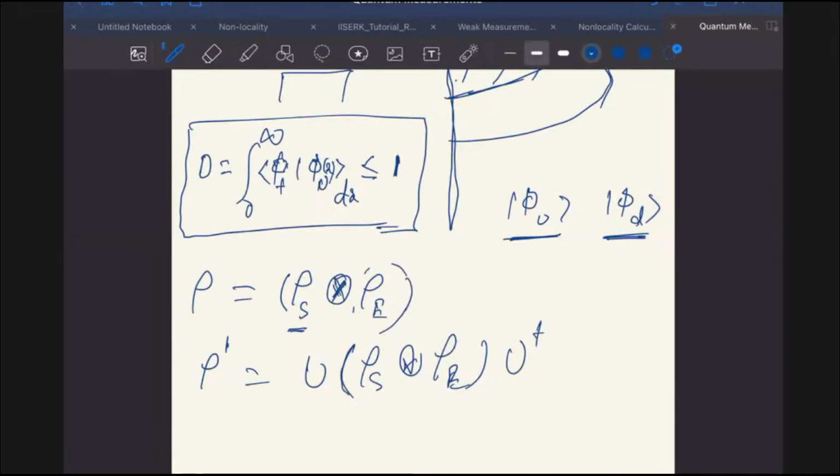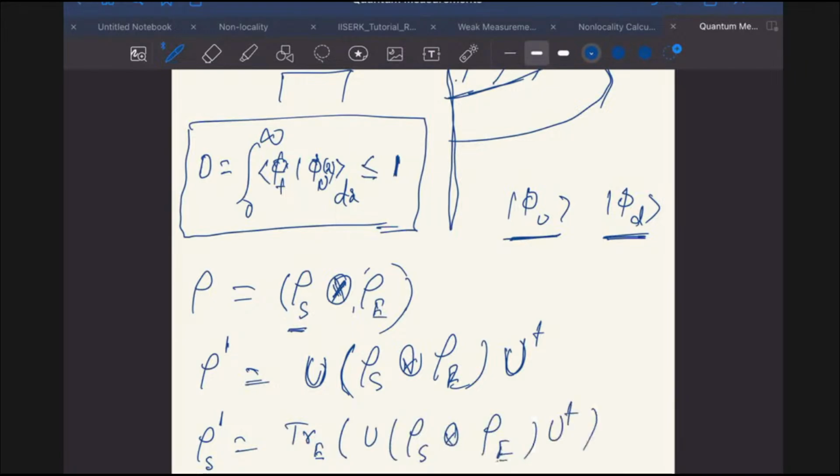Here u gives the interaction term. So how can I sort out this system after it has evolved? I can take a partial trace over the environment, right? I assume that everyone knows how to take a partial trace. So I take rho s cross rho e with the identity.